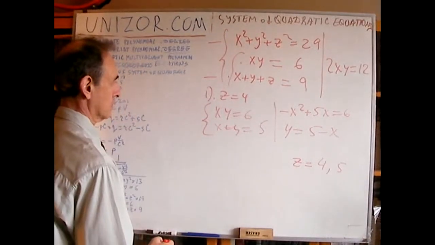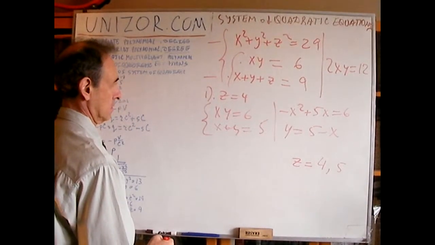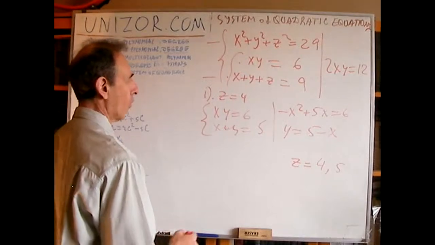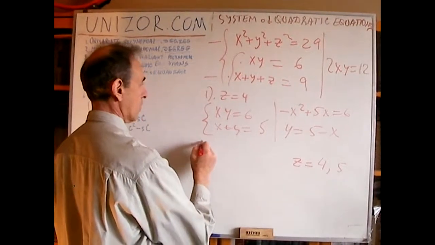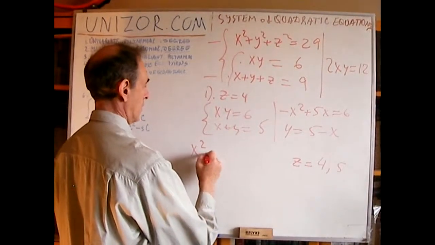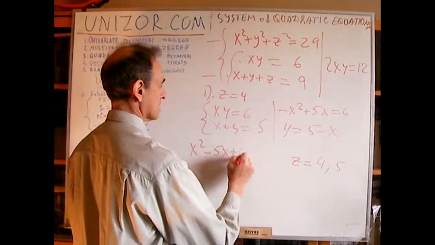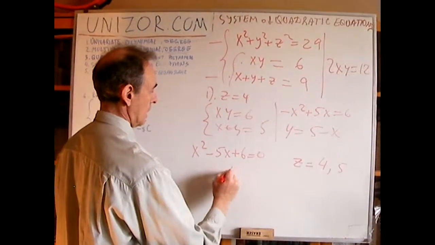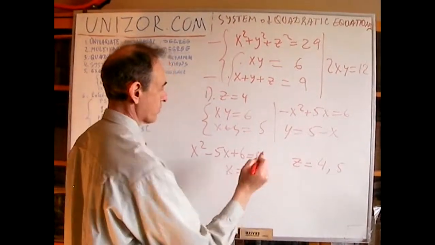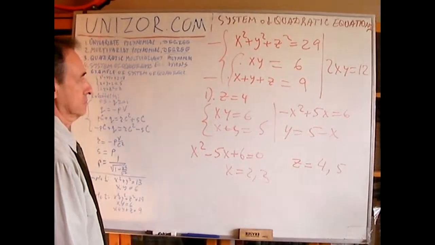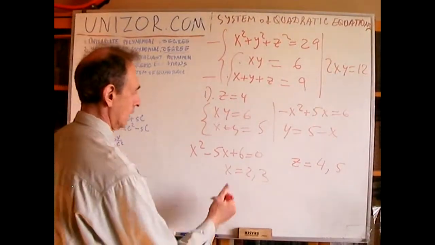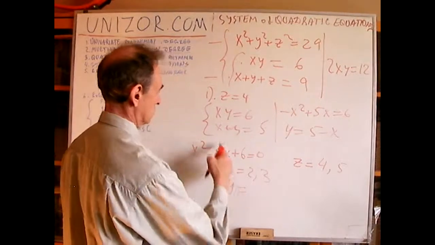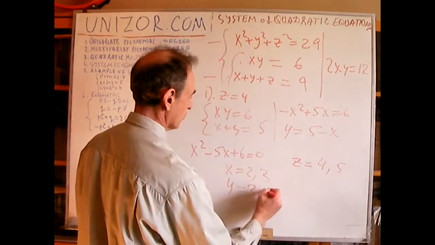Am I right? Or x squared minus 5x plus 6 is equal to 0. x is equal to 2 or 3, and y is equal to 3 or 2.